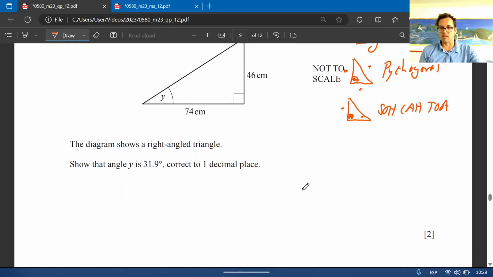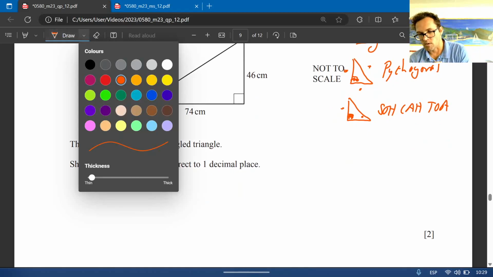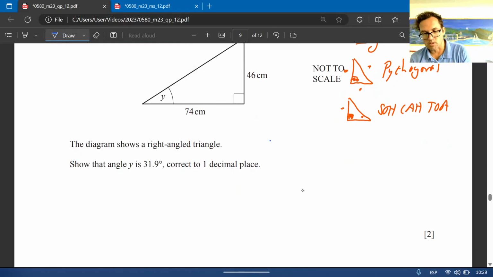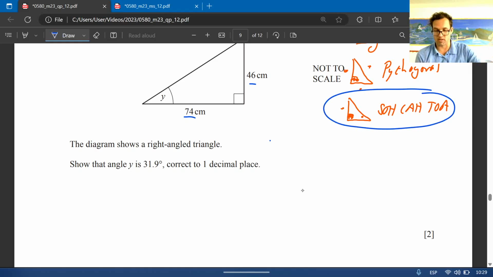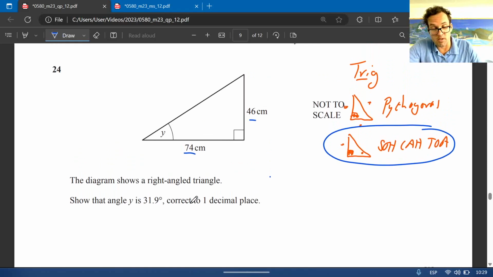So in this question, we got two side lengths, but they want us to work out an angle, so only SOHCAHTOA will suffice. And they actually give us the angle. They don't give us the answer, we just need to show how. So first thing we need to do is, of course, label the sides.